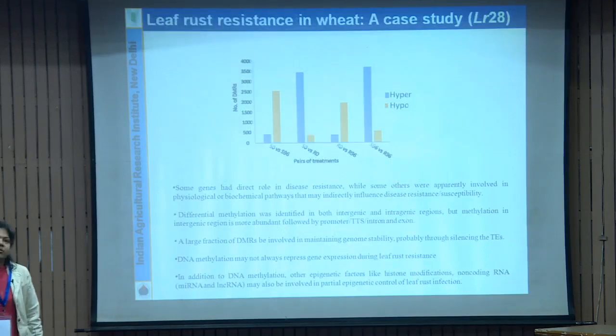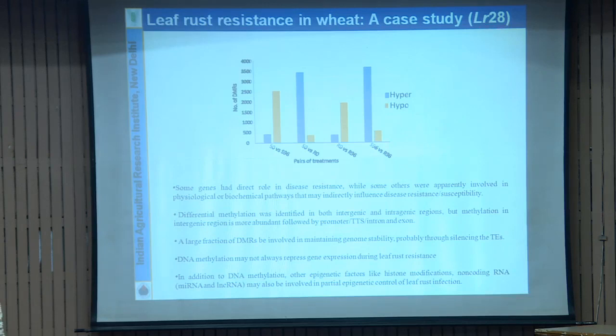In order to show what variations epigenetic change can produce, I have taken one case study for a leaf rust resistance gene. This is part of our collaborative work with CCS University Meerut. This is with respect to the gene Lr28.